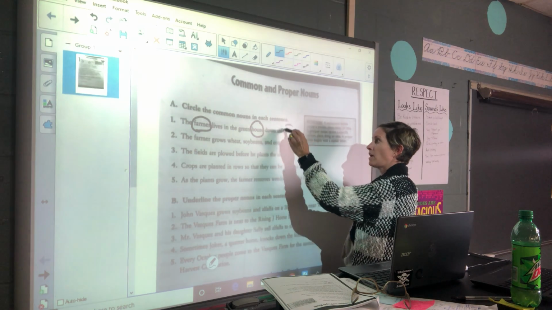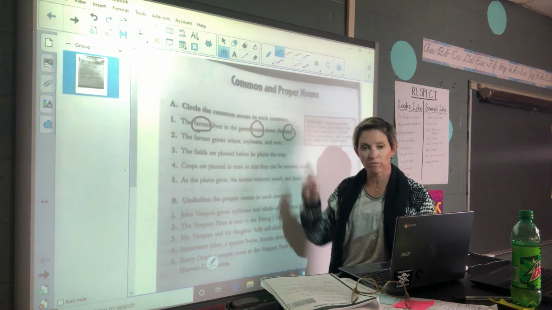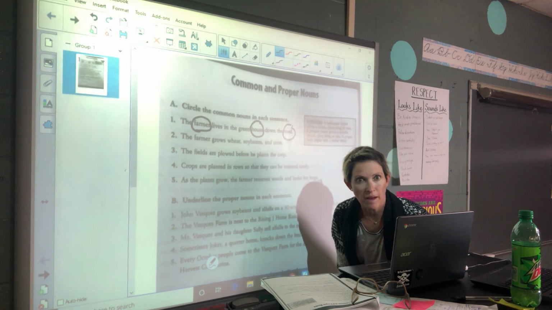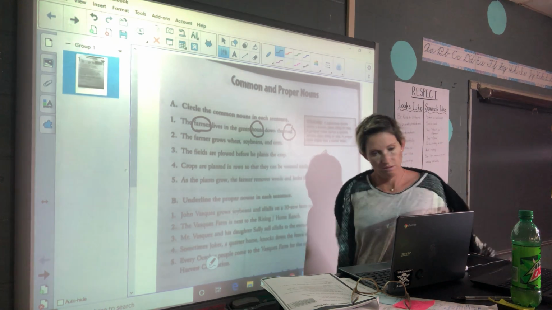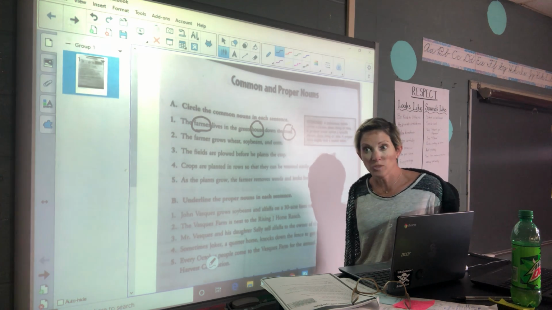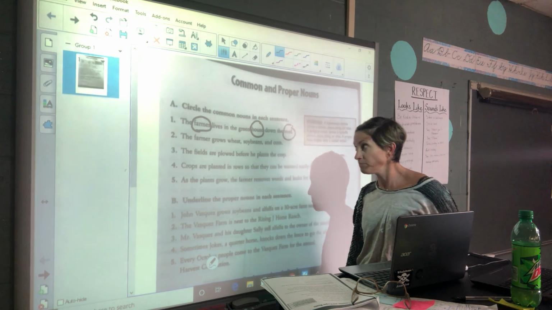Road. Okay, so the three nouns we have circled here are farmer, house, and road. What do you notice about those nouns that makes them different from proper nouns? Dallas? They're not specific, and they're also not capitalized.